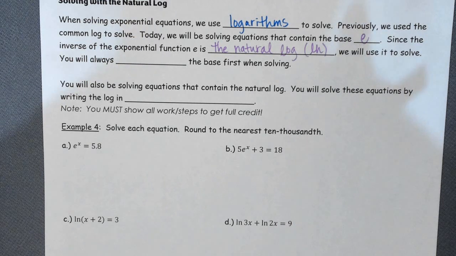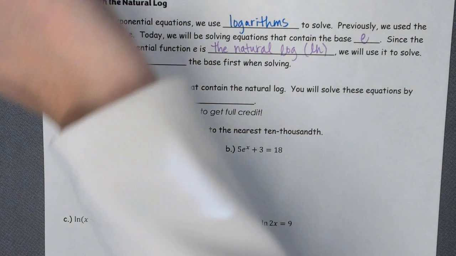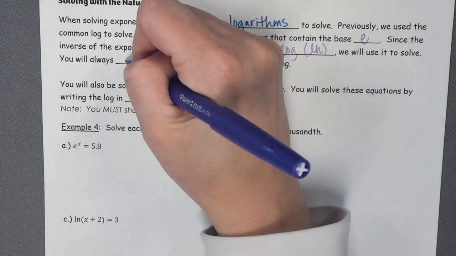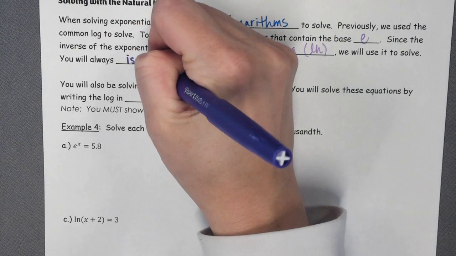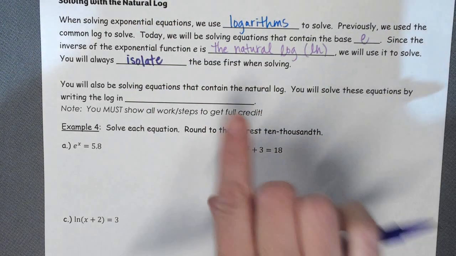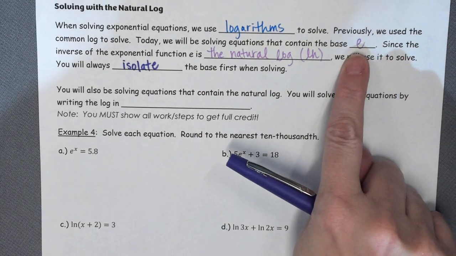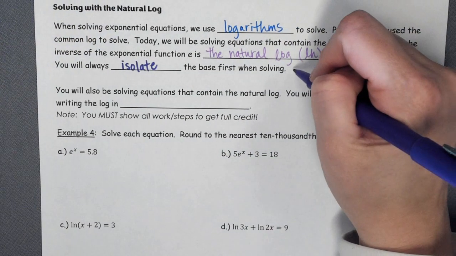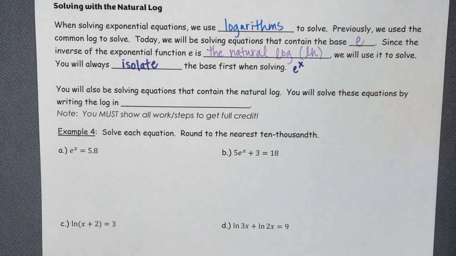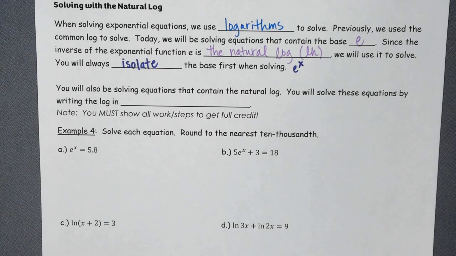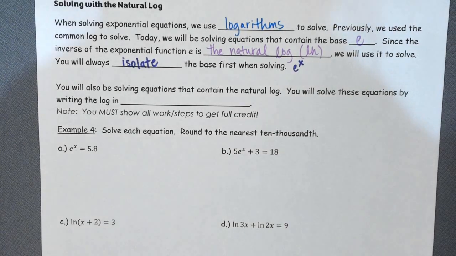And when you are solving, one thing you always want to try to do is isolate the base before you apply the natural log. So if you're isolating the base and your base is e, what you're going to try to get by itself is e to the x power, or sometimes there might be something else in the exponent. So you're trying to get the e here by itself.